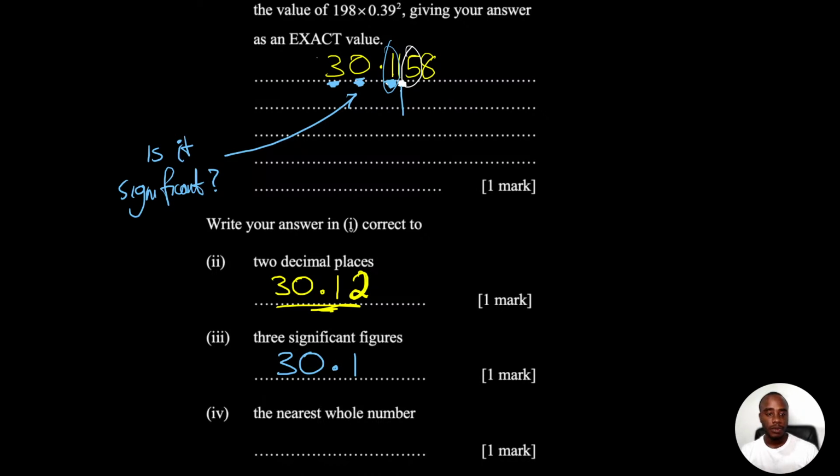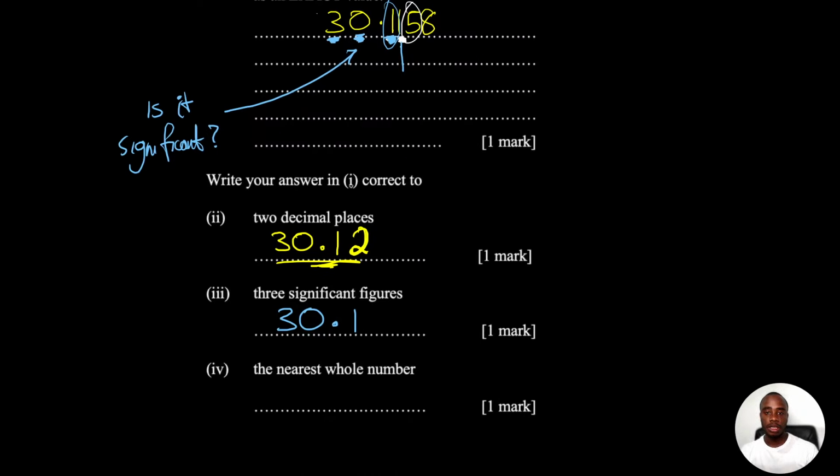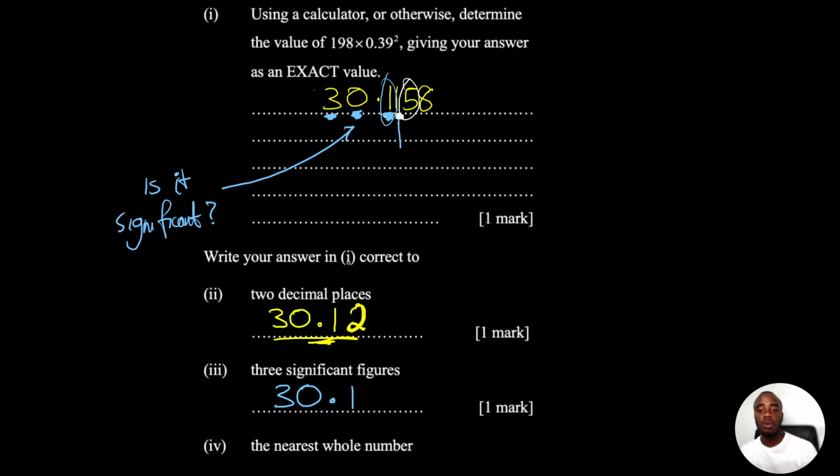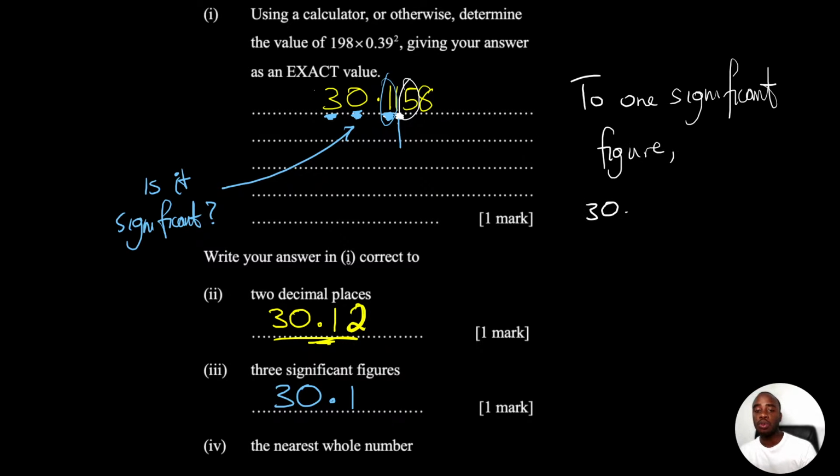And so that would be the right answer. Let me ask you guys a question. What if I wanted to round it to 1 significant figure, and then I would put that my answer is 3? Would I be correct if I said that?